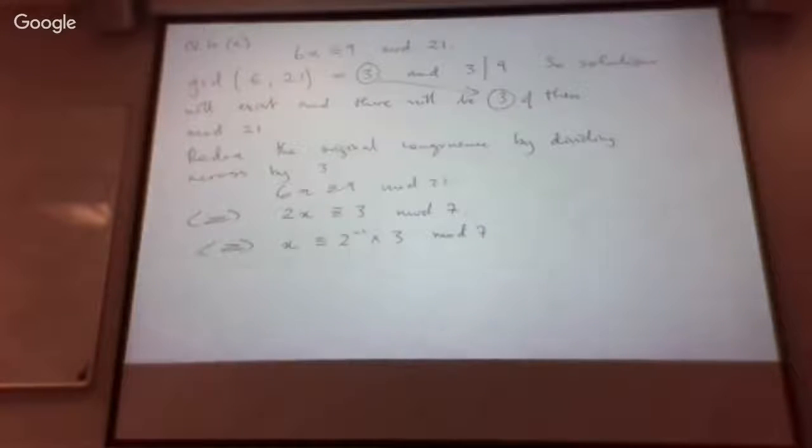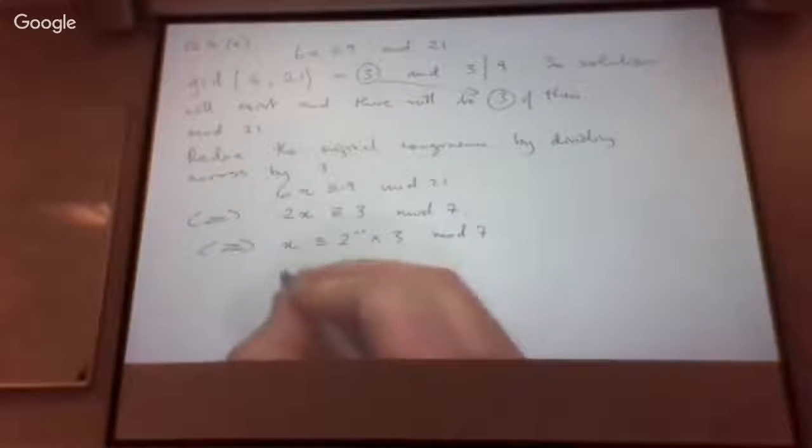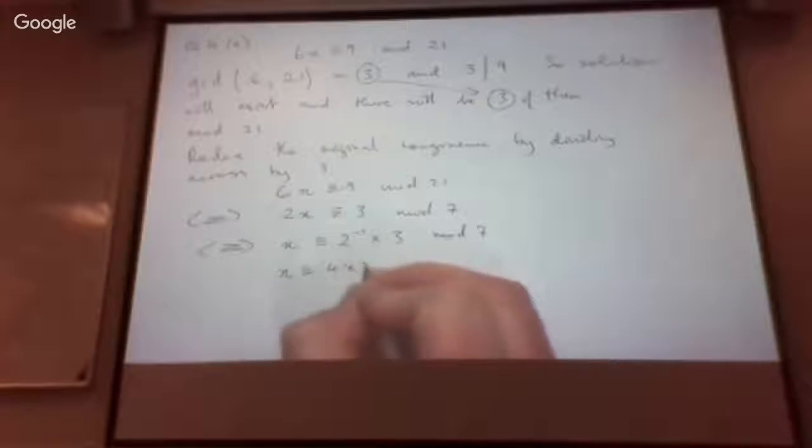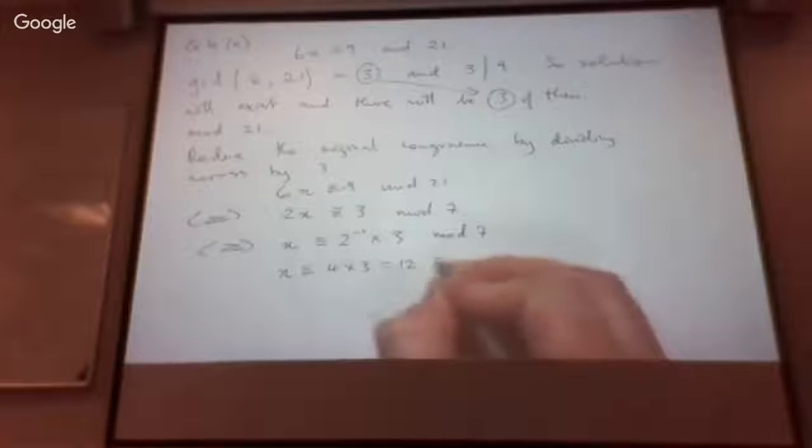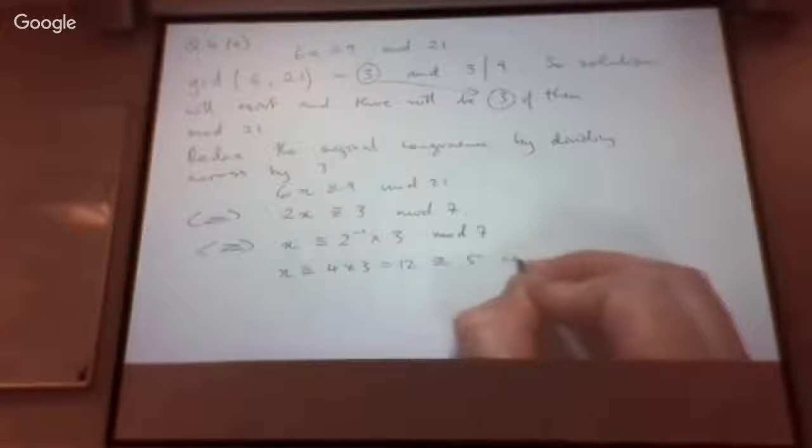So what is the inverse of 2 modulo 7? Yeah, 4. 2 times 4 is 8, which is clearly congruent to 1. So the inverse of 2 is 4. So this solution is just x congruent to 4 times 3 is 12, but that, of course, we represent as 5 modulo 7.